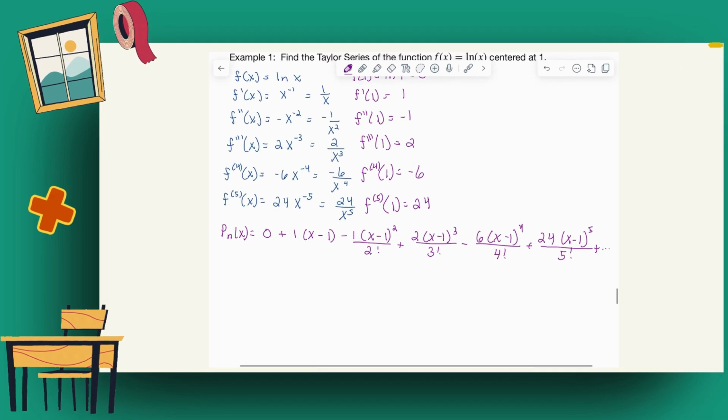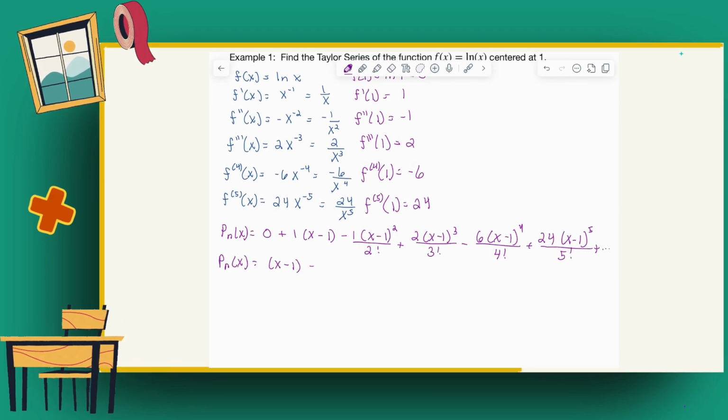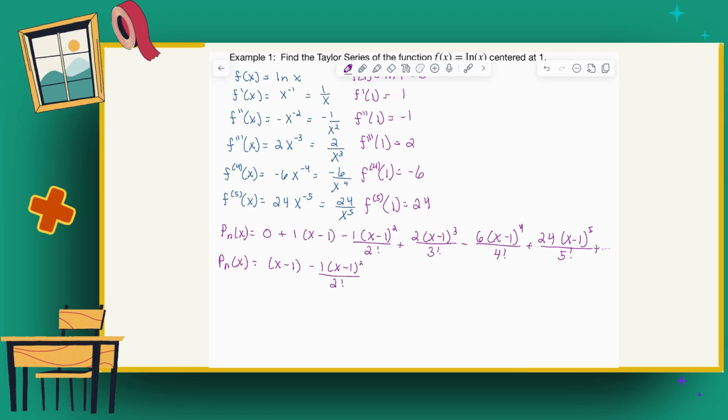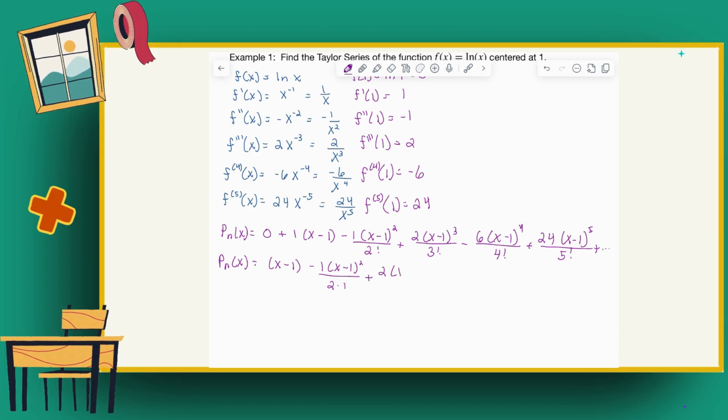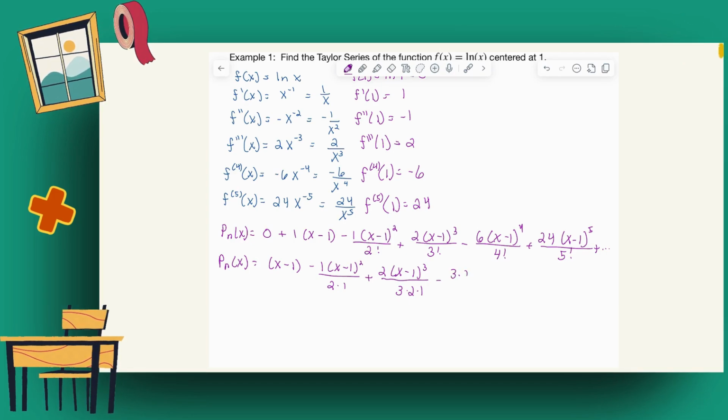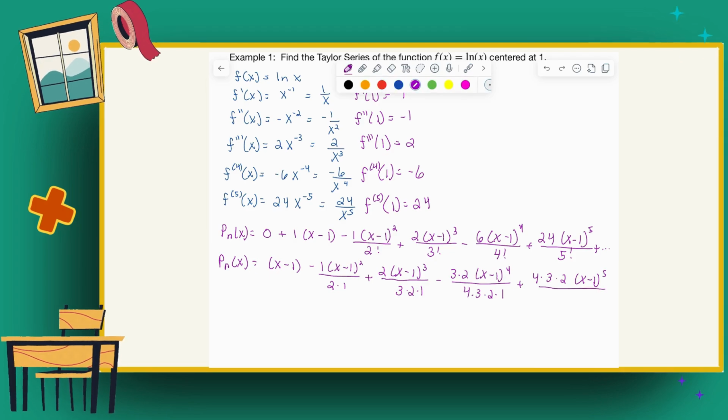The most challenging thing about this is now we need to find a summation notation that represents this polynomial. So I'm going to do some rewriting. First thing I'm going to do is expand out my 2 factorial, 3 factorial, 4 factorial, to see what that means. And I'm also going to factor my coefficients of the x minus 1 term. For example, I could rewrite 6 as 3 times 2.